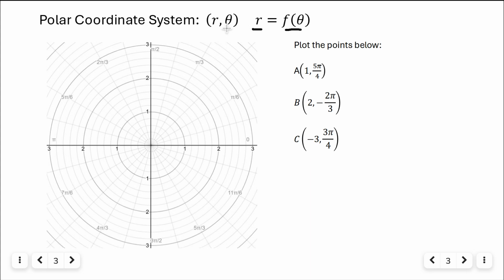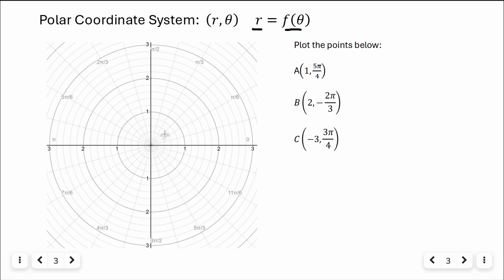So let's talk about how to plot some points. Let's try to plot a point below here. So r, just so we know, is the distance from the origin, or what is considered to be the pole in the polar coordinate system, to a radius of this length.